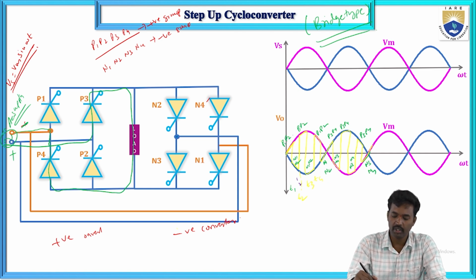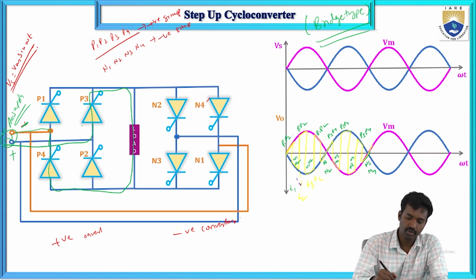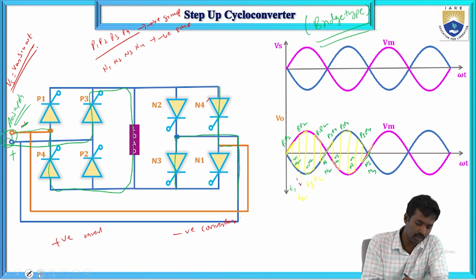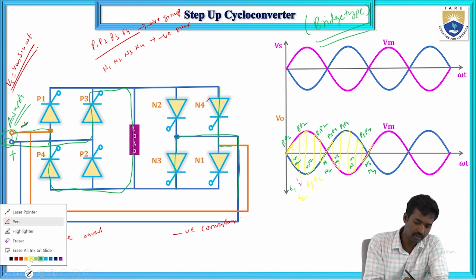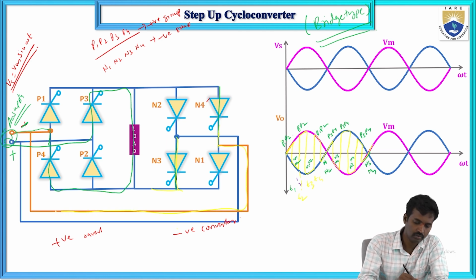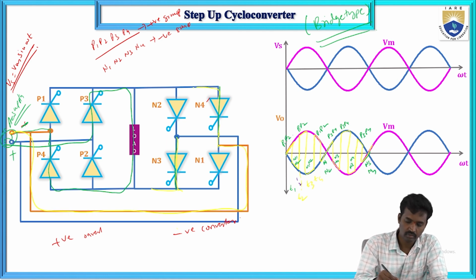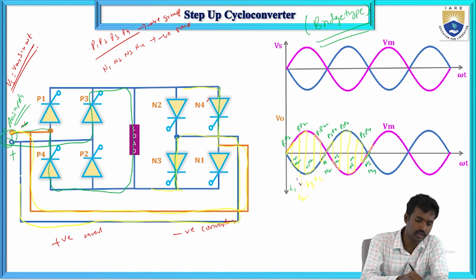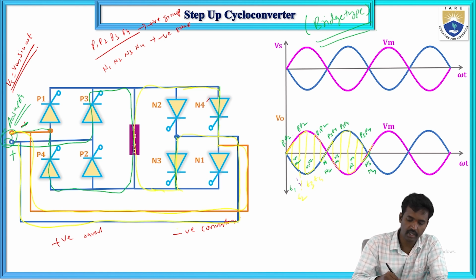Then P3 and P4 turn off, and N3 and N4 switches will conduct. So this is the case, and here is N3 and N4.